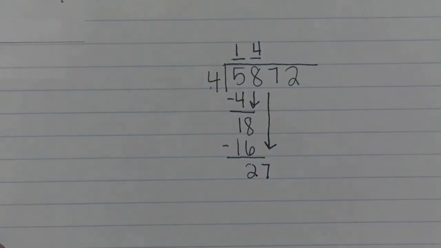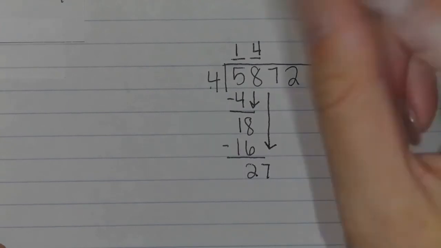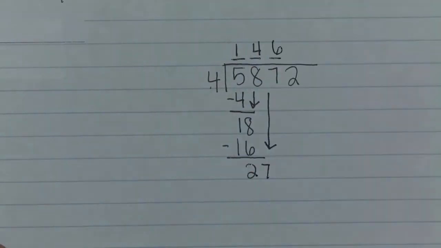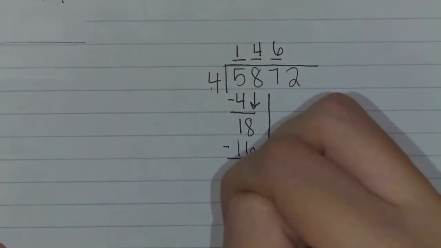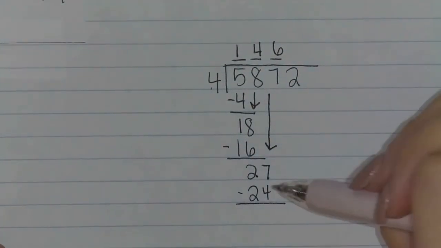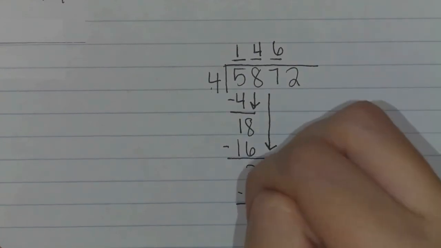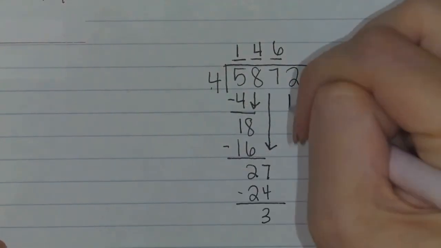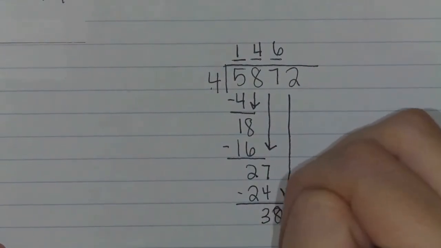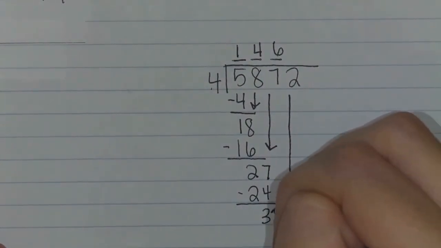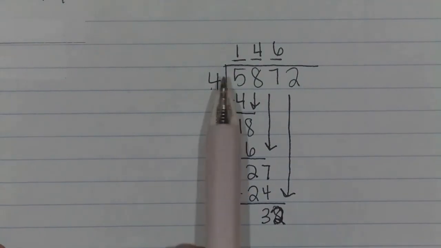Does McDonald's sell burgers? 4 goes into 27 a total of 6 times. 6 times 4 gives me 24. And when I subtract, 27 minus 24 gives me 3. And then bring down the 2. Oop, that's a 2, not an 8. There we go. And then we start all over again.